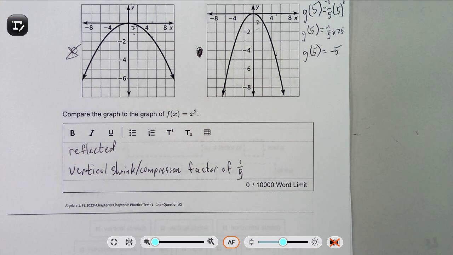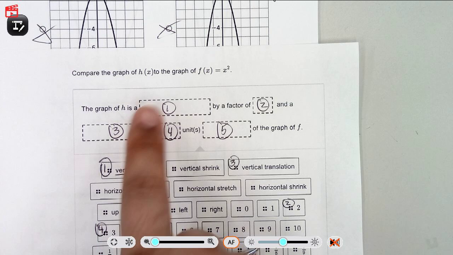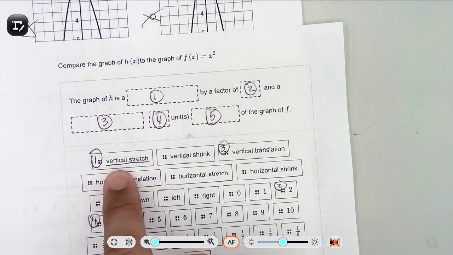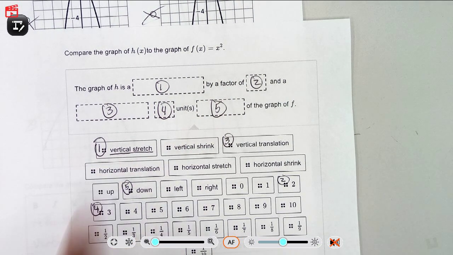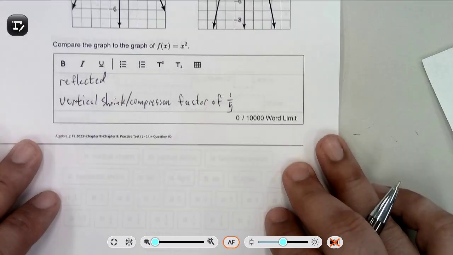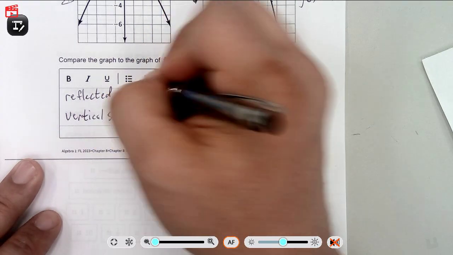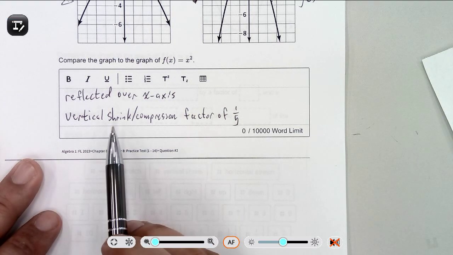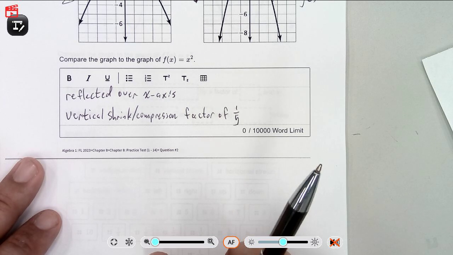So pretty much everything that we put as a fill-in to number 1, talking about what it was, the vertical shrink or stretch, the factor. Now this wasn't translated, but it was reflected. So all of these have to be part of your sentence. You have to mention it's reflected over the x-axis. And then it's a vertical shrink or compression, I would accept, and then the factor of the shrink.